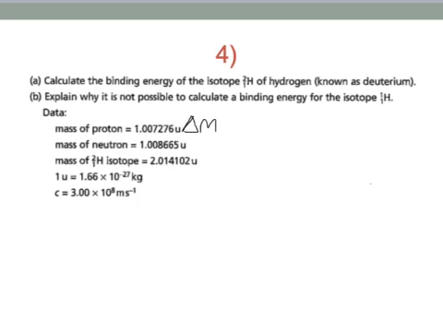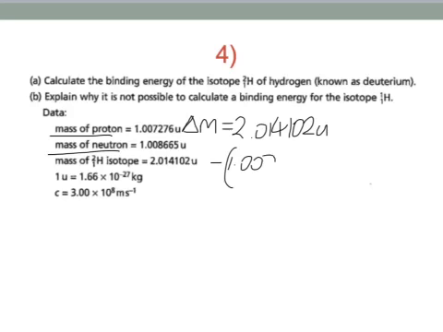So delta M equals 2.0141102 atomic mass units, take away the sum of the mass of the proton and the mass of the neutron. 1.007276 and 1.008665 atomic mass units.